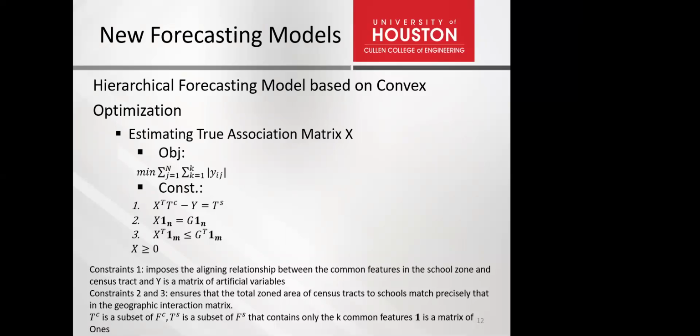If we skip the mathematical details, in summary, this mathematical model tries to find an association matrix that maintains the structure of G while mapping the common features of school zones and census tracts. I'll discuss further how these features are selected. Out of all these 5 racial demographic features, we only select 3 features, and when we move to the numerical experimentation, I'll explain how these features are selected.